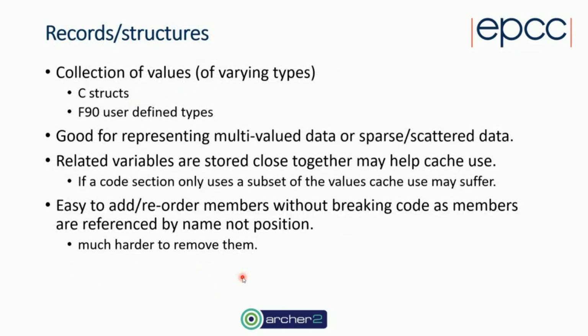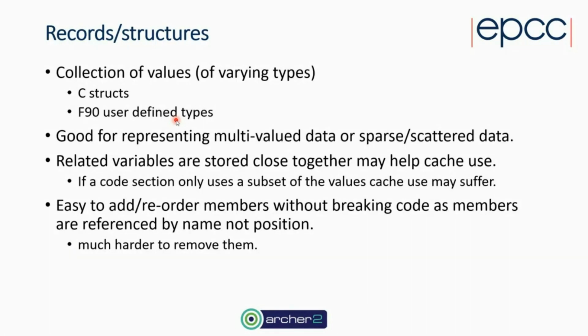You can also do other data structures other than arrays, what we call records or structures. In C, this would be a struct, or in Fortran, a Fortran 90 user-defined type. These are good for putting data together, such as an integer and a floating point number together, or three integers together to represent a coordinate in space, or three components of velocity, or these kinds of things.